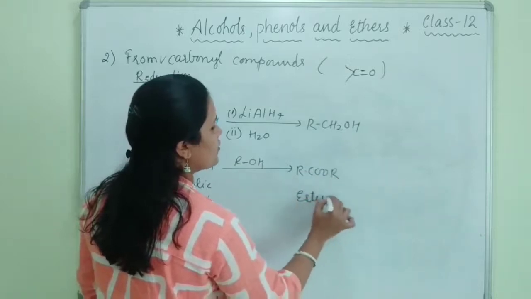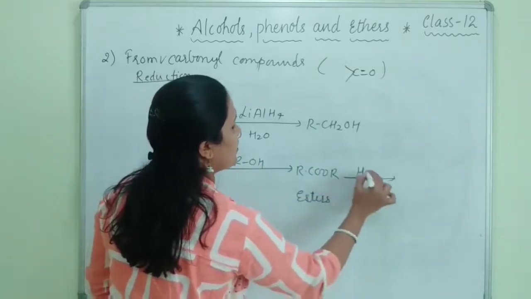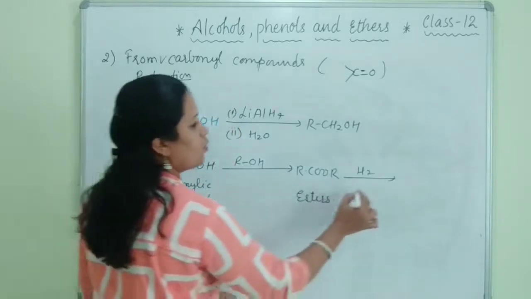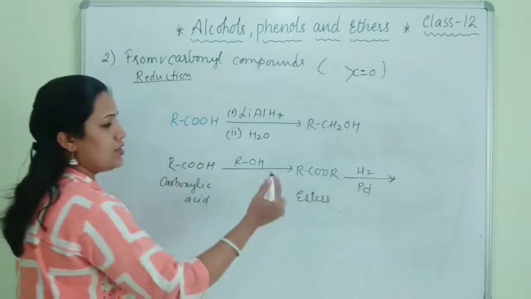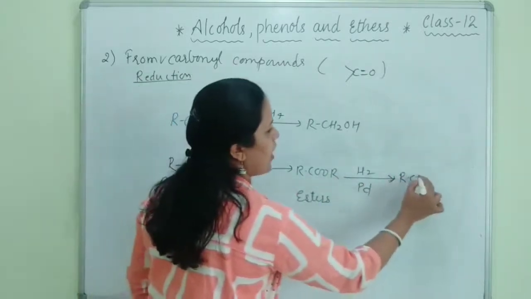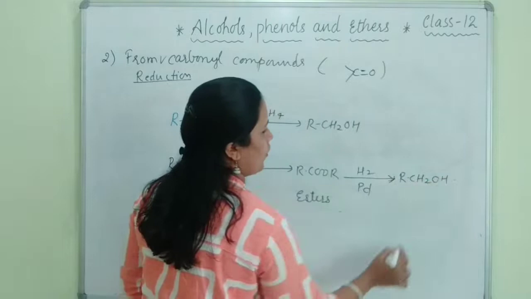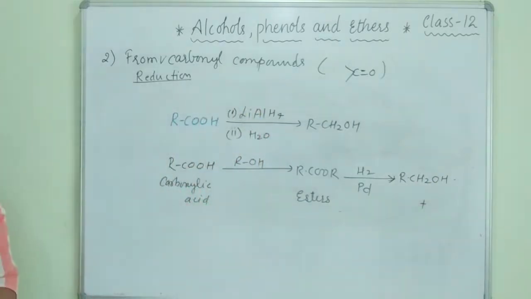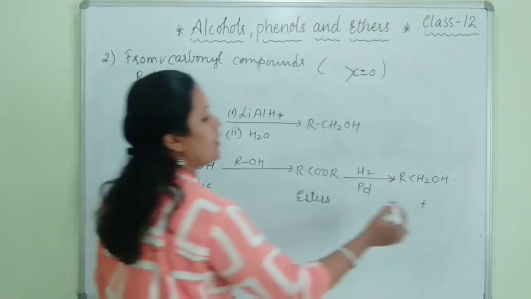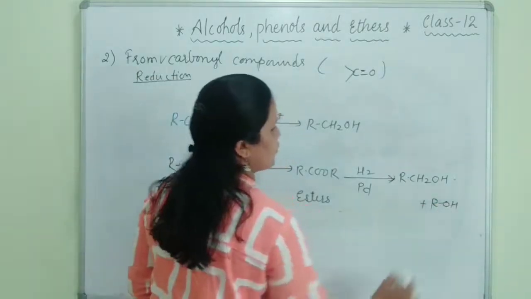These are the esters. So esters on reduction with platinum, palladium, or any reducing agent can convert into RCH2OH, and at the same time we can get another product also, and that would be ROH.